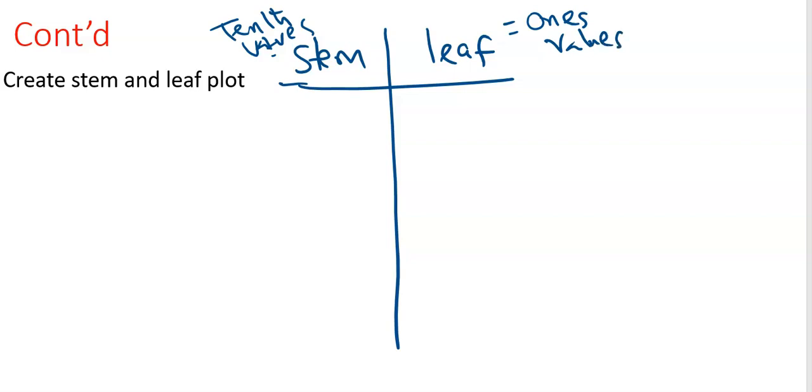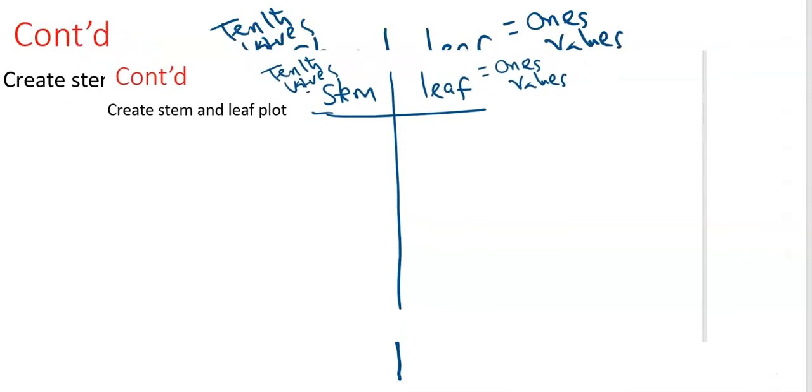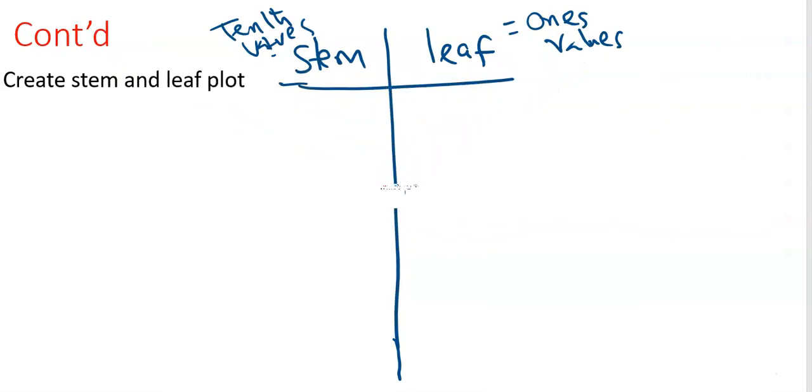Once you have the stem and the leaf and you have your table like this, you start with the smallest number. You write down the tens digits of your data set, starting with the smallest. There is 11, so I will write 1 and then go up to 9: 1, 2, 3, 4, 5, 6, 7, 8, 9.